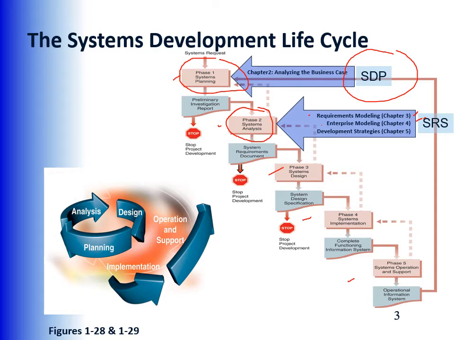In chapter 4 also, you have been given tutorials for practicing the modeling techniques, right? So in chapter 5, which is the last section in the second phase of SDLC, you are going to learn about the development strategy.